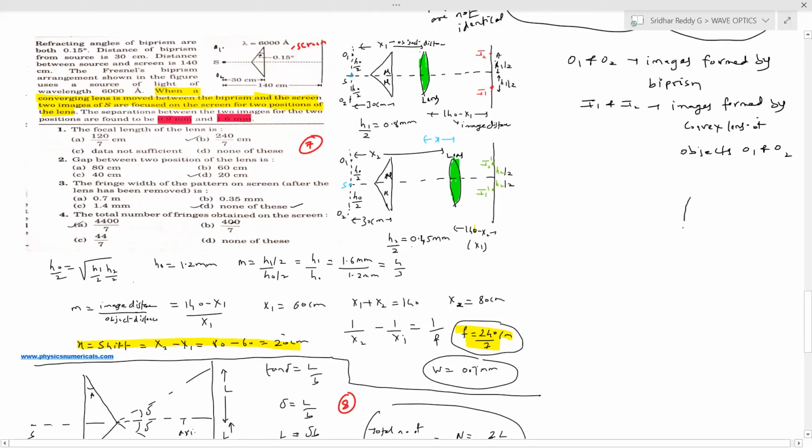If you have a lens here and the object is kept between f and 2f, or beyond 2f, the image will be formed here.